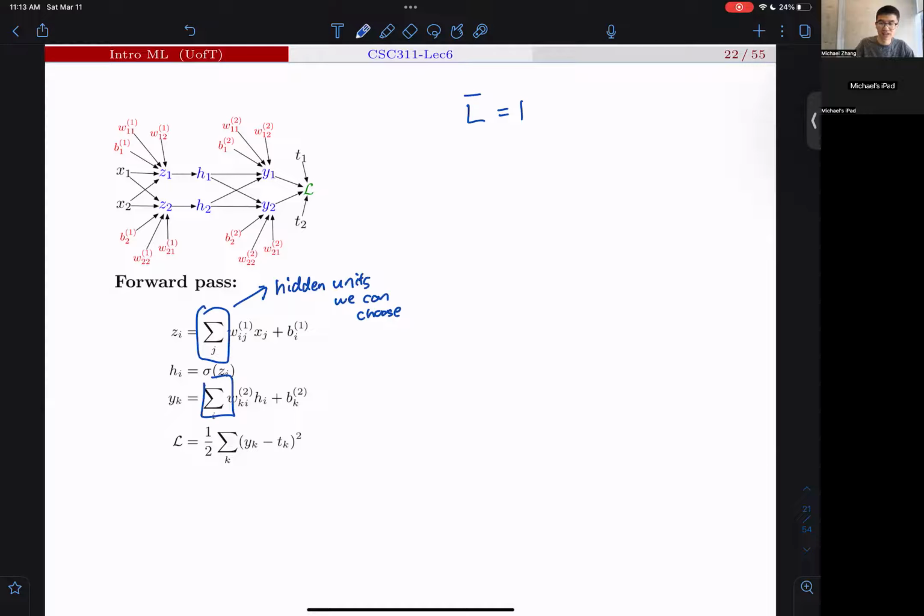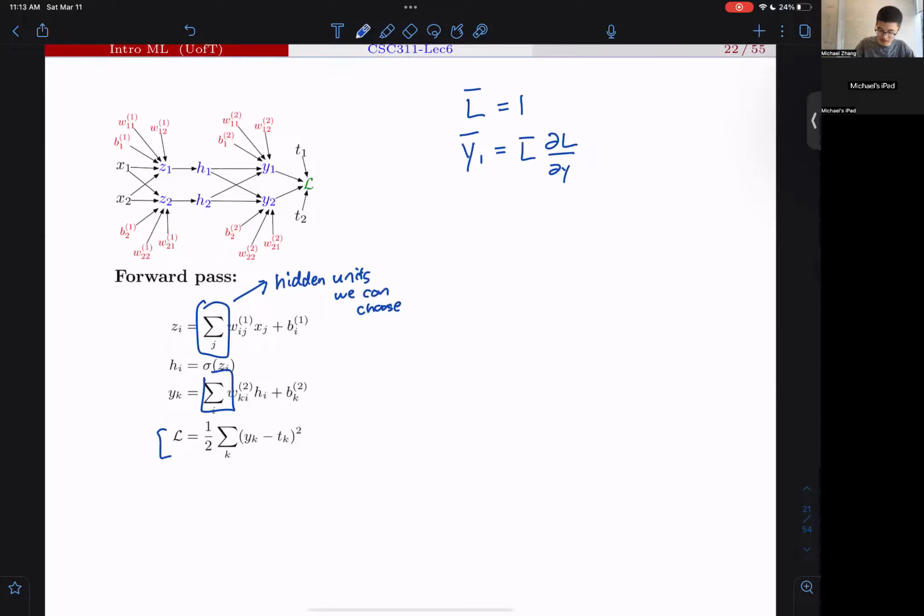And now the children nodes are going to be Y bar. So let's just focus on Y1 in this case. We have Y1 bar equals L bar partial L partial Y1. In this case, we have this final equation here.